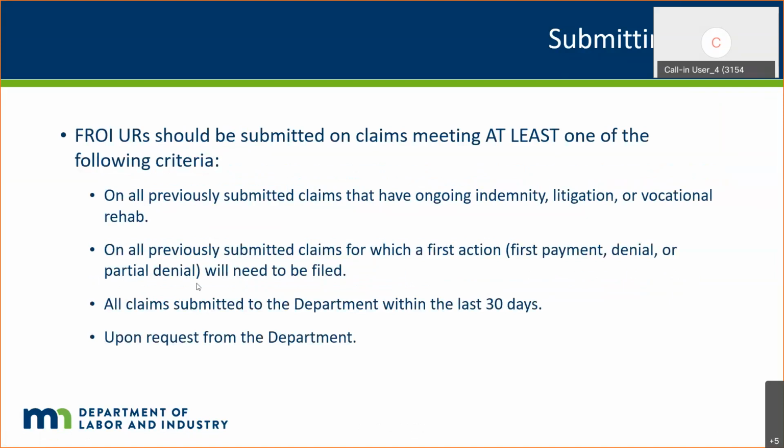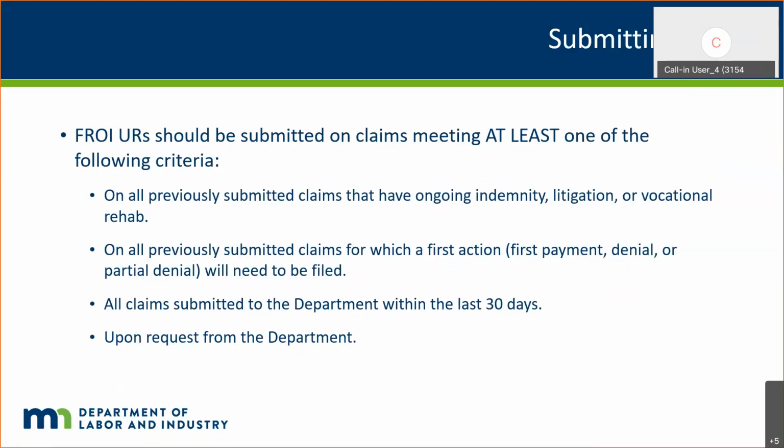A little bit more about FROI URs. FROI URs should be submitted on claims meeting at least one of the following criteria: on all previously submitted claims that have ongoing indemnity, litigation, or rehab; on all previously submitted claims for which a first action, so a first payment, a denial, or partial denial, will need to be filed; and all claims submitted to the department within the last 30 days.